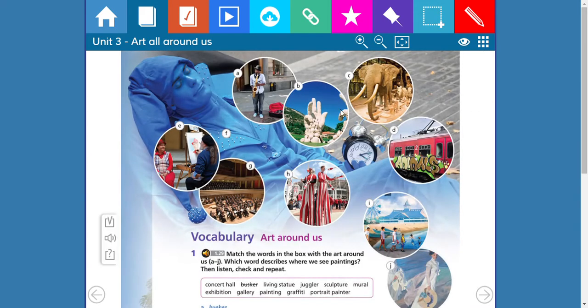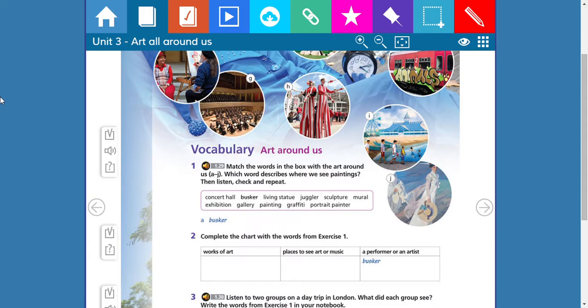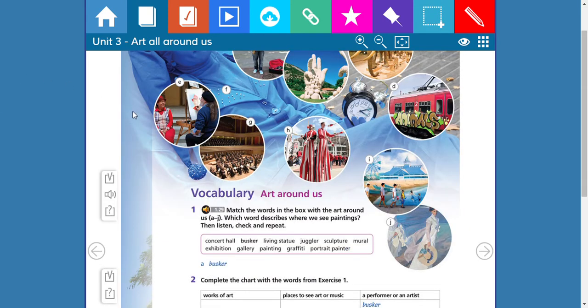Let's see. The activity for today, we're going to see vocabulary, art around us. In this vocabulary, we're going to see activities related with art. For example, concert hall.